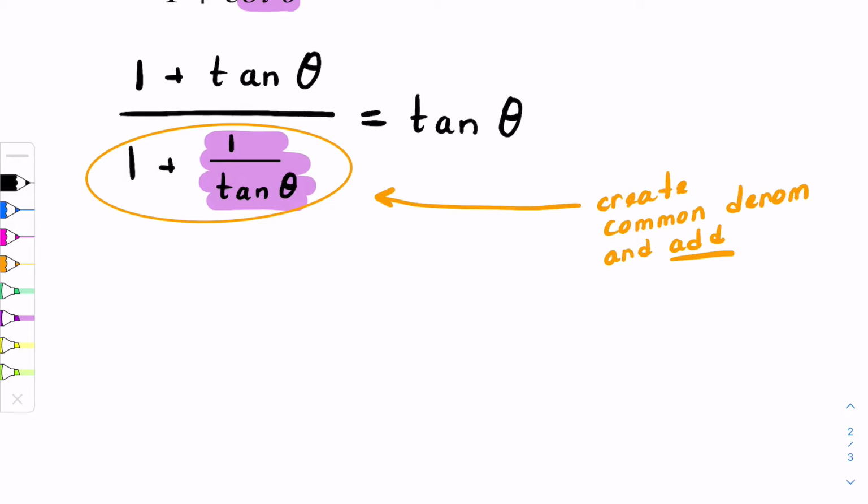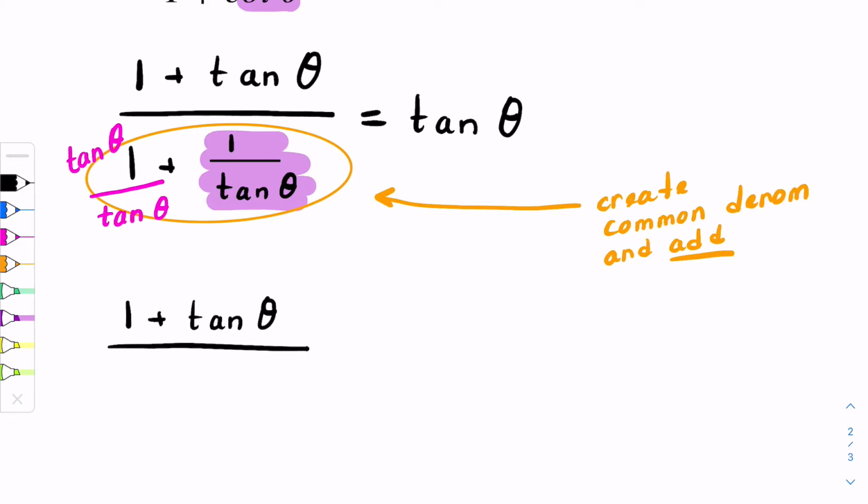So in this denominator, in order to add these together, my first expression, which is 1, is going to have to now have a denominator of tangent of theta, which means I also need to multiply the numerator by tangent of theta. My expression becomes 1 plus tangent of theta divided by my new fraction of tangent theta plus 1, divided by tangent of theta.